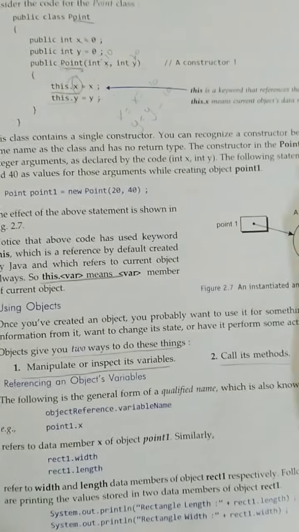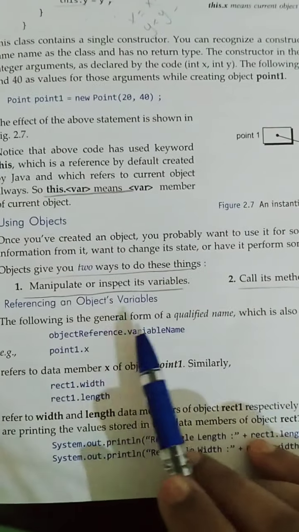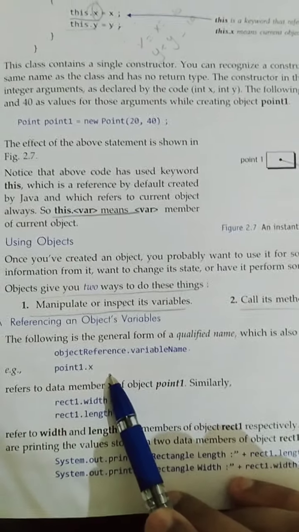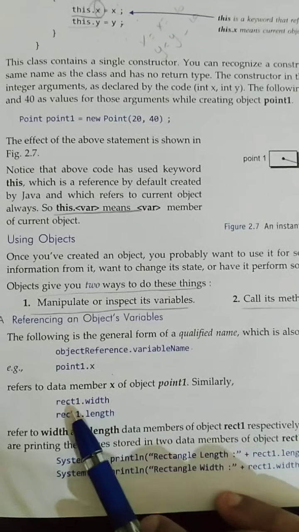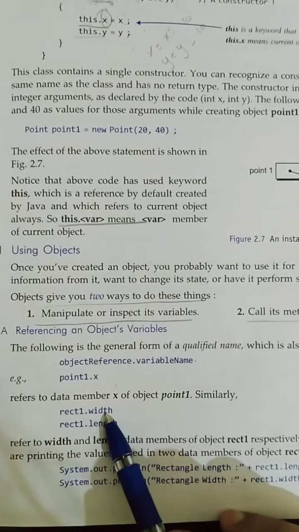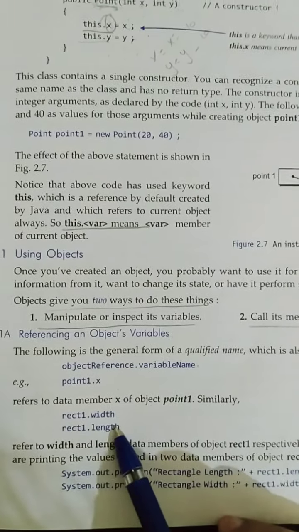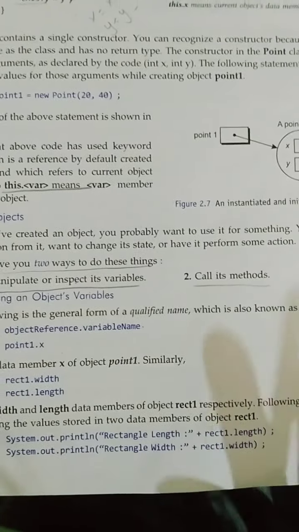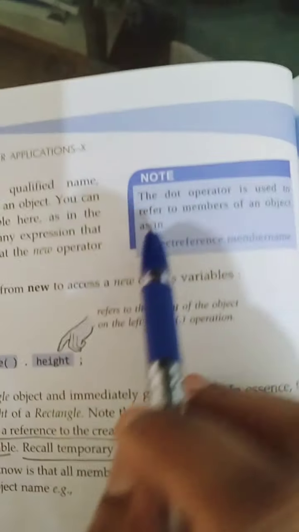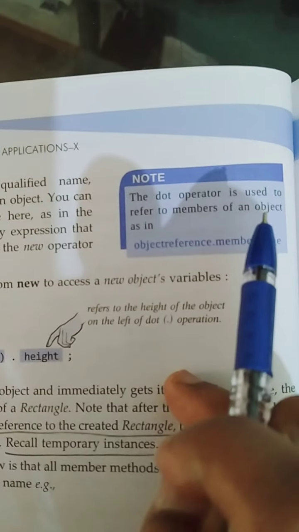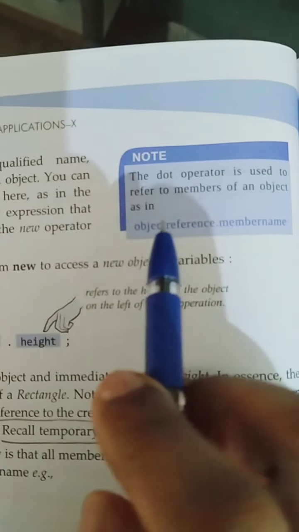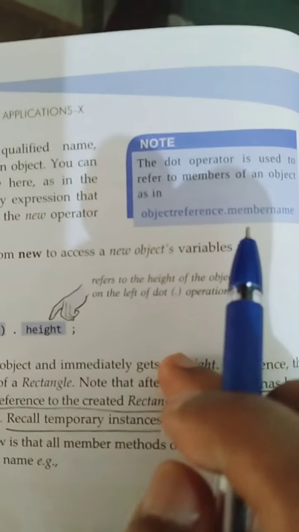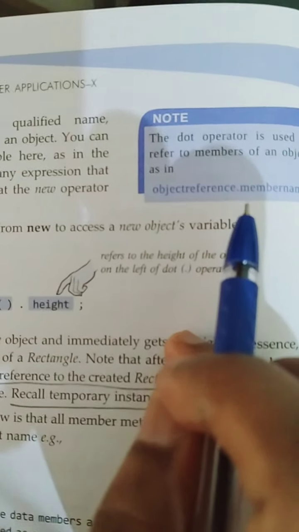See, object reference dot variable name, point1.x. This is a data member. Rect1 is an object and width is a data member, like object.data member. In the previous classes we have already discussed that the dot operator is used to refer to a member of an object. The operator is used to access the data member and member function of a class.